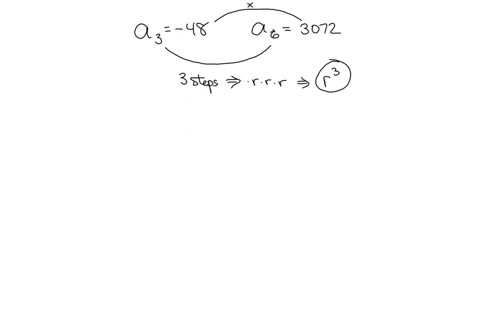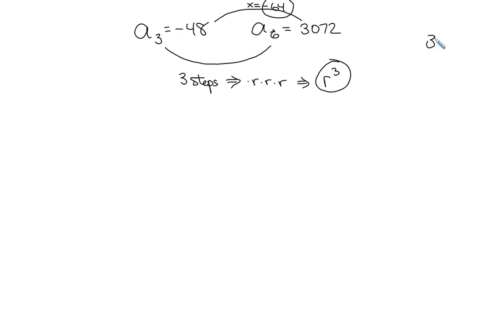How can we figure that out? Yeah, divide. Go backwards. What's 3,072 divided by negative 48? What is it? Negative 64, right? It's negative 64.